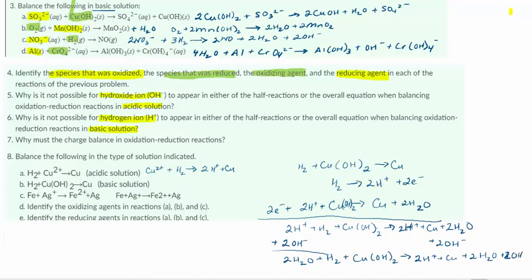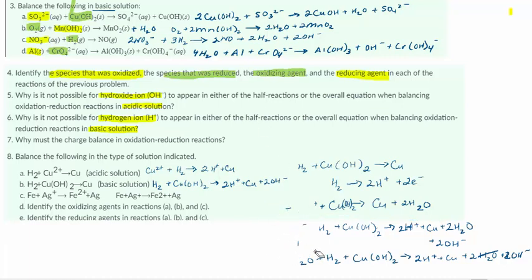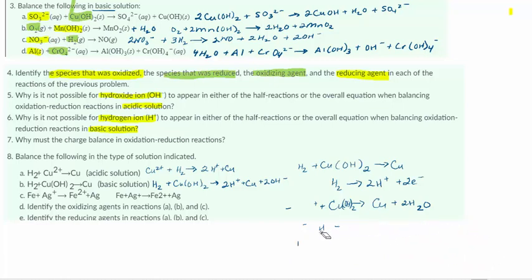Now I can cancel out both sides, 2 waters on both sides. So this is my final reaction. I have elemental hydrogen plus copper 2 hydroxide reacts to form 2 hydrogen cations plus elemental copper plus 2 hydroxide anions.